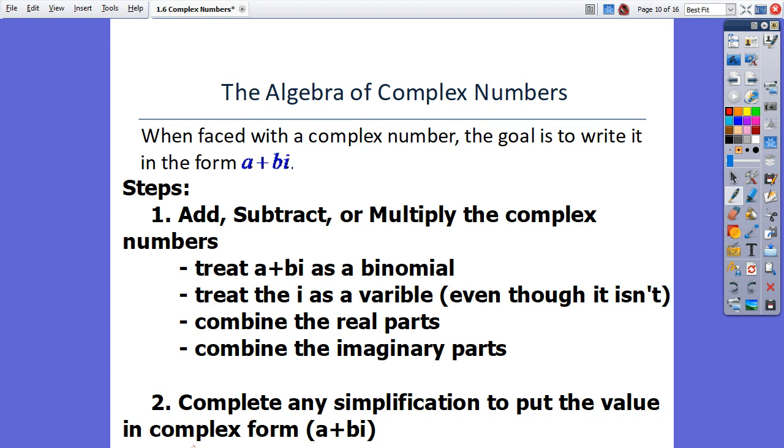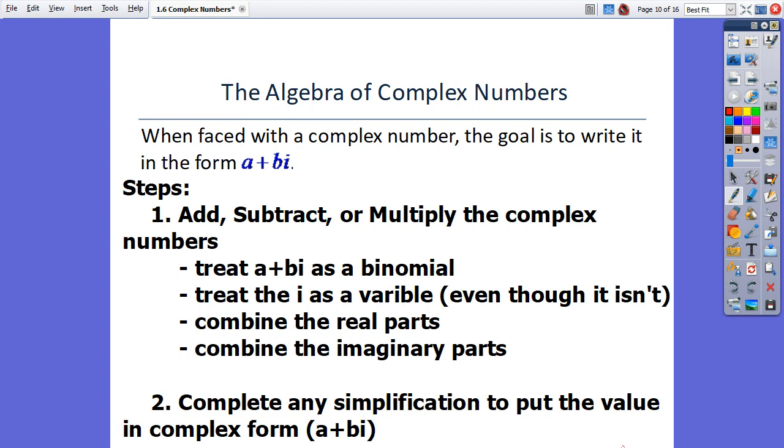So how we do this through addition, subtraction, and even multiplication is we're going to go ahead and combine the real parts and combine the imaginary parts. Multiplication, we're going to multiply. Now the difference though is if we get something like x squared, we leave it x squared with polynomials. With complex, if we get I squared, we need to convert that over to -1.